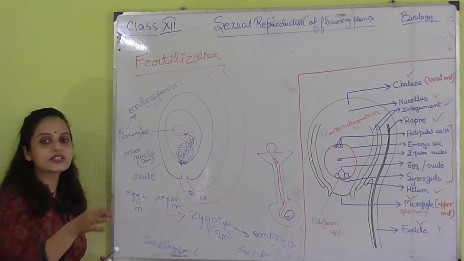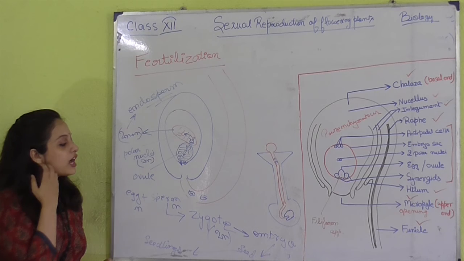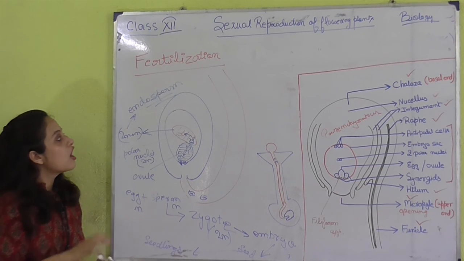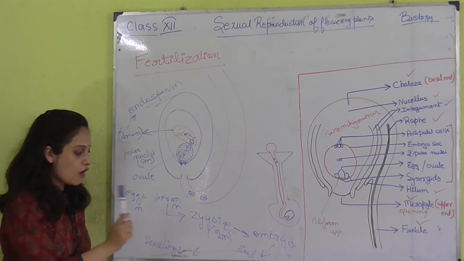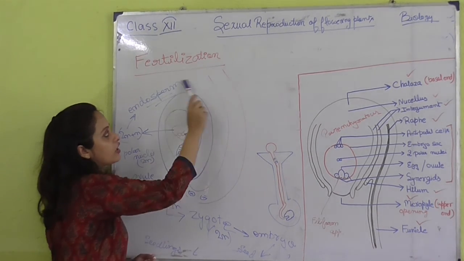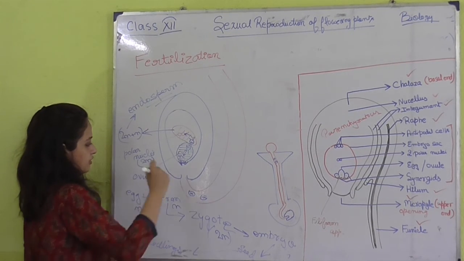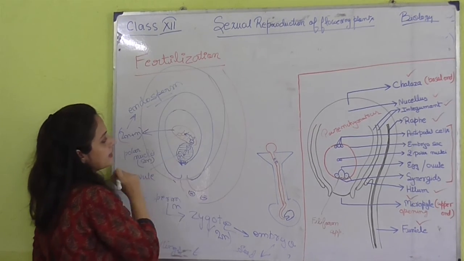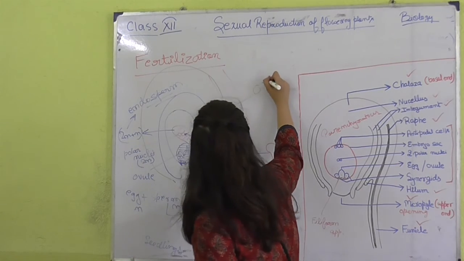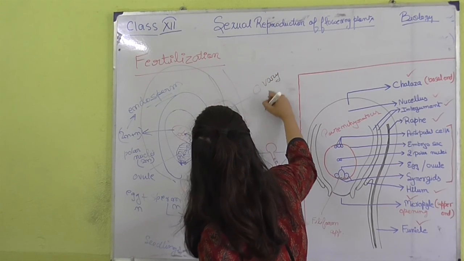It gives food to the growing embryo. So this is how a seed is formed. Suppose this is the ovary, and this ovary will be transformed to fruit.